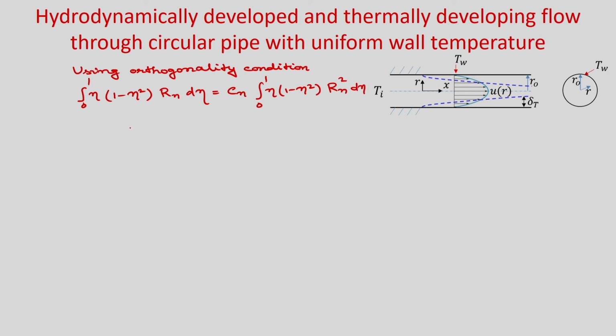Now you can write from here the value of the constant C n, which is the integral from 0 to 1 of eta 1 minus eta square R n d eta, and in the denominator you will have the integral of eta into 1 minus eta square R n square d eta.